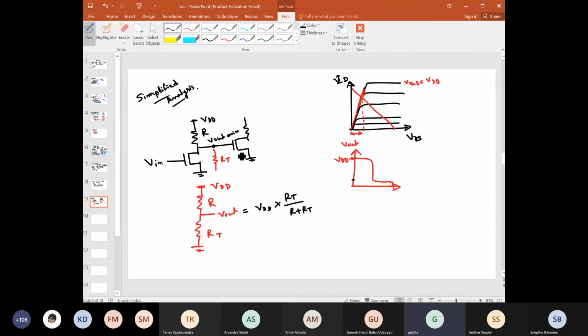Suppose the threshold voltage is 0.5 and the V out minimum is 0.6, then you cannot actually turn off this transistor. This transistor will be always on, right?